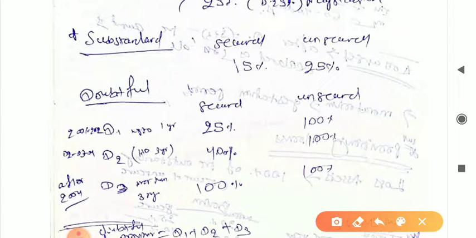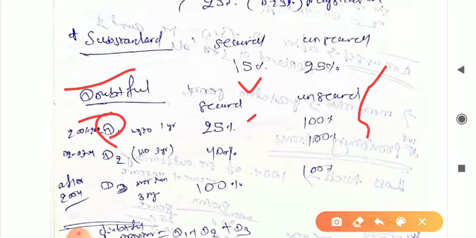Important one: for the doubtful assets, just try to remember this. First 1 year, D1, that is up to 1 year, the secured portion will be 25%, and the unsecured portion will be 100%. In all three, the unsecured portion will be completely 100%, right?